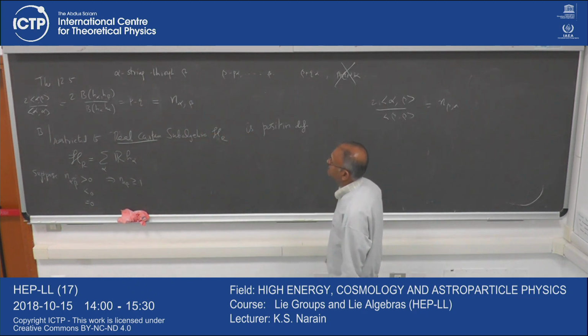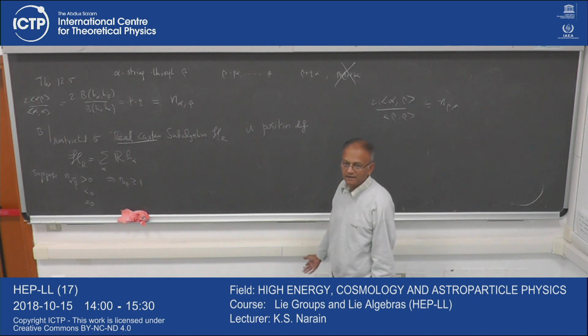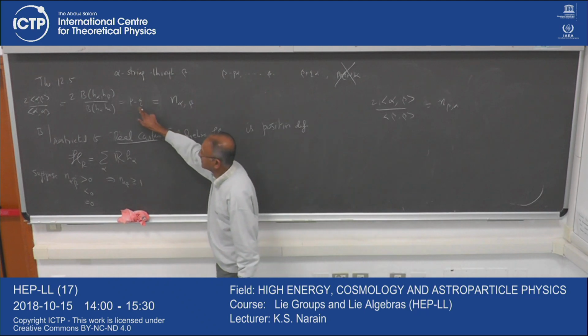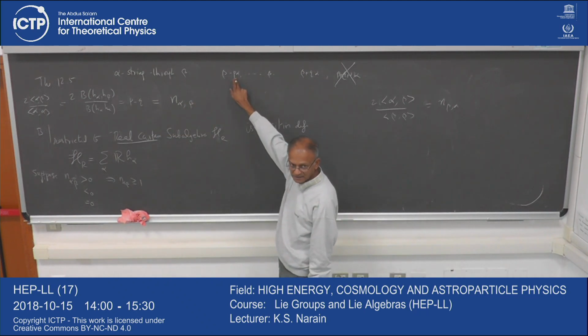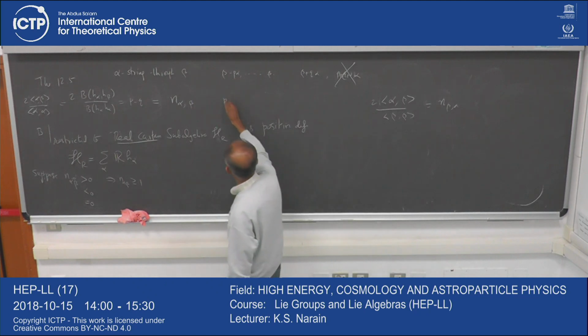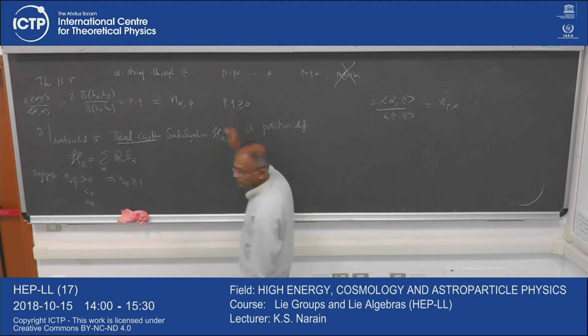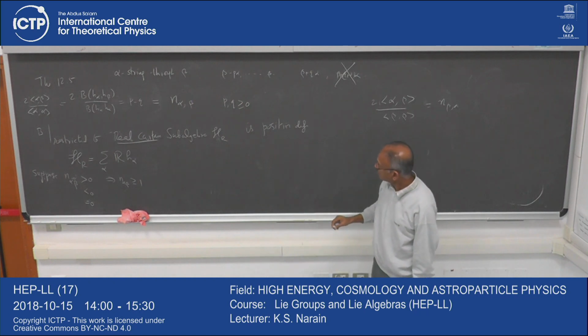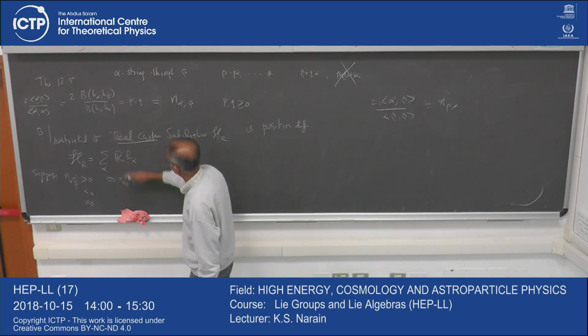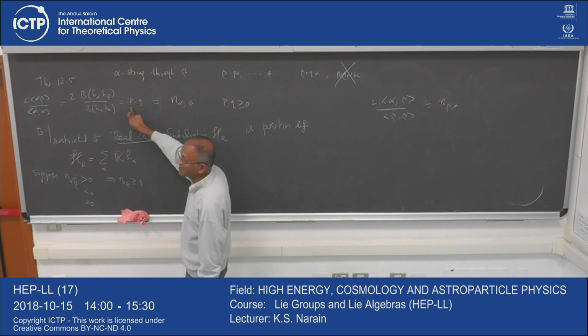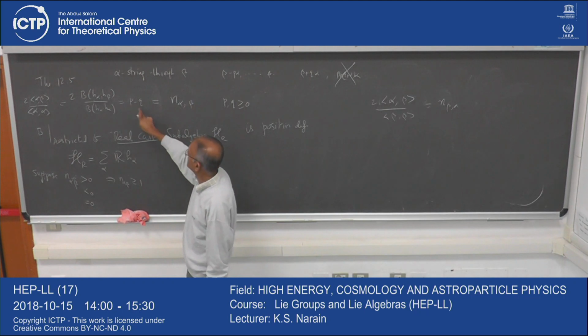Now, how can it be? That means P must be certainly at least 1, because both of these are non-negative integers, given the way I'm labeling them. So both P and Q are greater than or equal to 0. If this is at least 1, then the only way it can happen is that P is at least 1. P is 1, Q equal to 0, or P equal to 2, Q equal to 1.